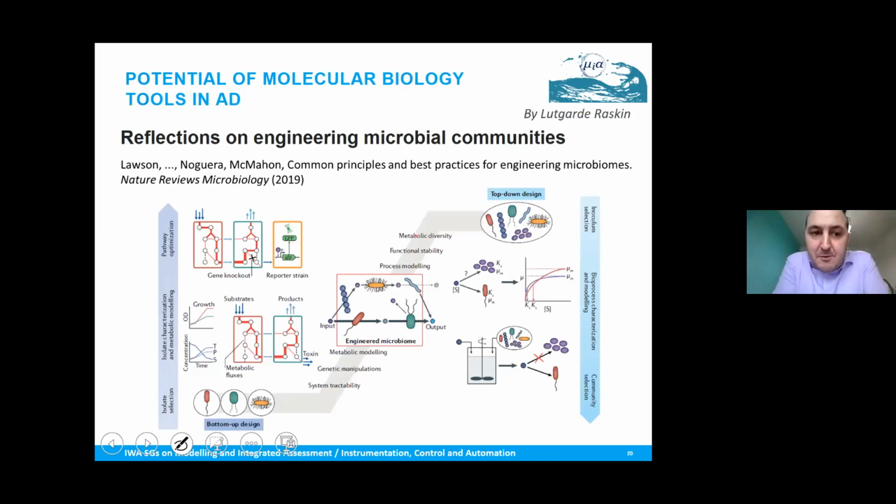Finally, Lutgarde Raskin also reflected on engineering of microbial communities to improve the performance of anaerobic digestion and also biochemical production. She basically approached two different strategies: top-down design and bottom-up design.